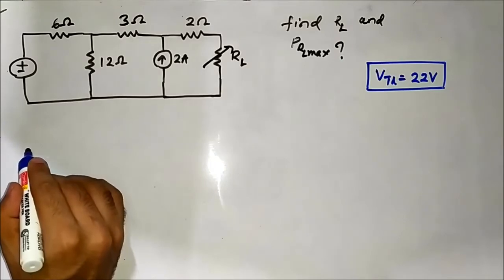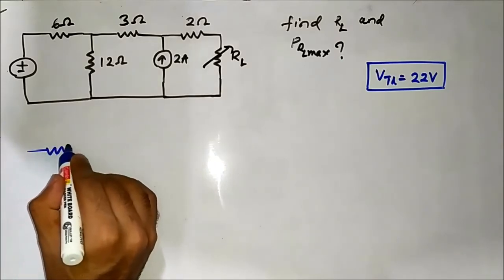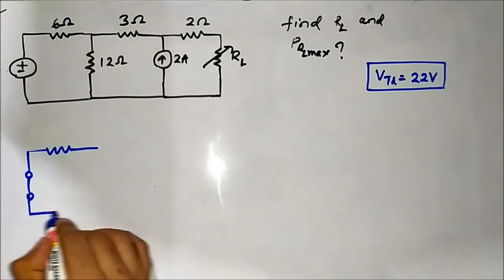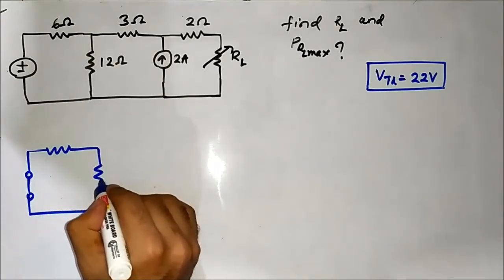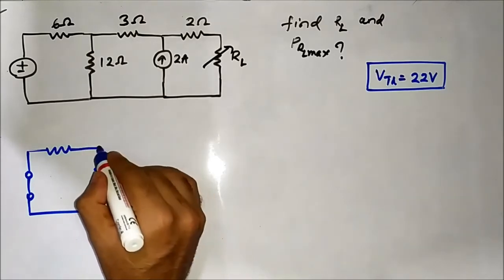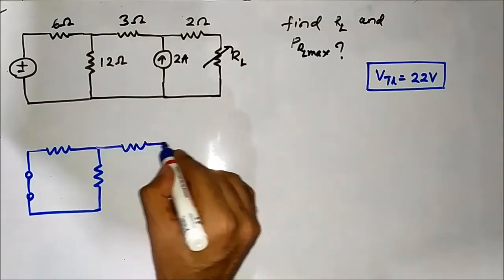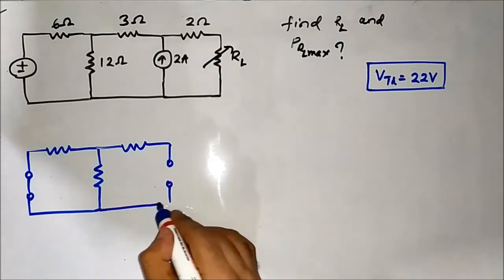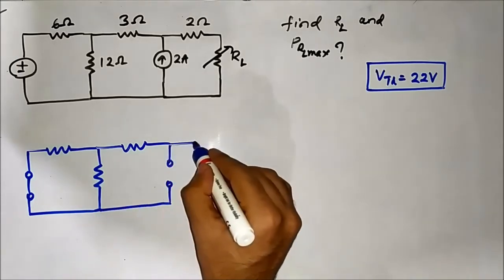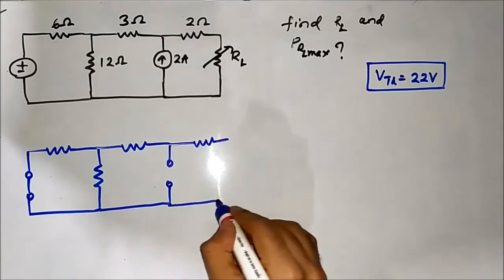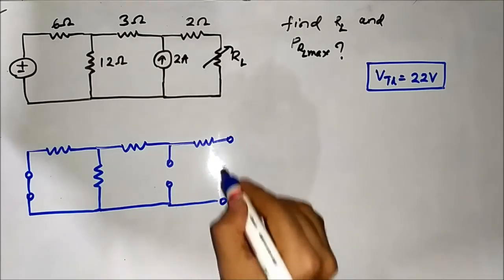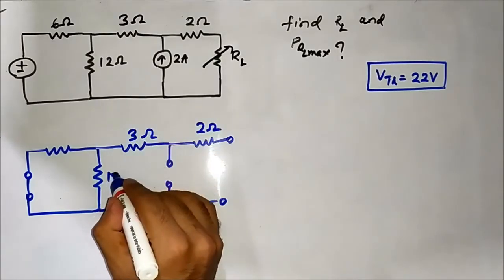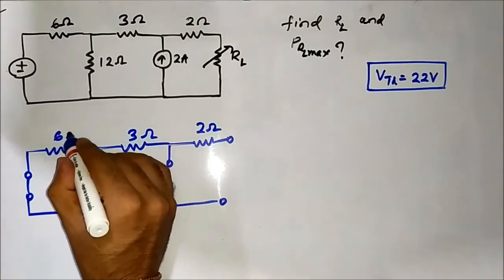So the circuit will be like this: here short circuited, this is 12 ohm, this is 3 ohm, this is open circuited, and this is 2 ohm, 2 ohm, 3 ohm, 12 ohm, 6 ohm.